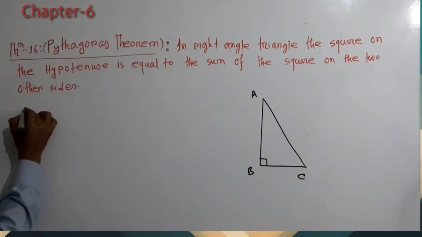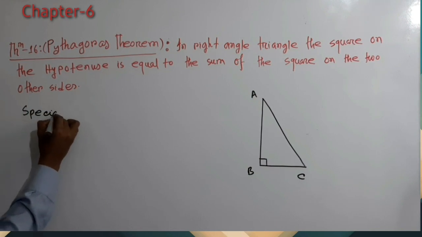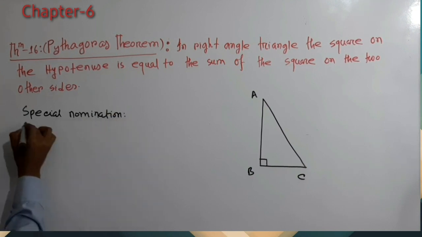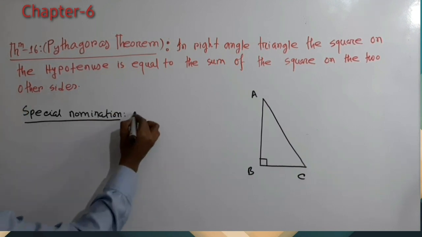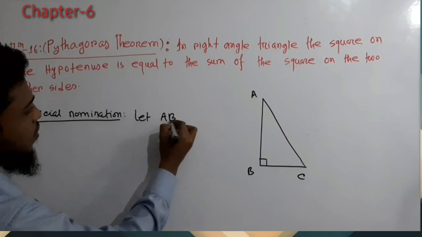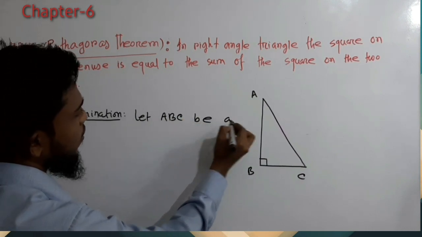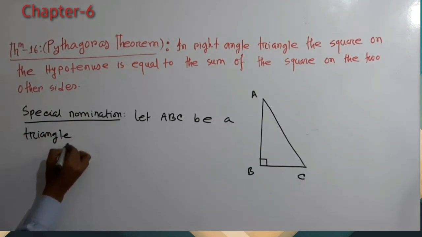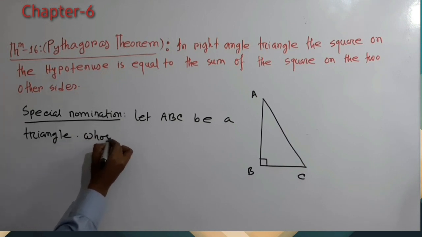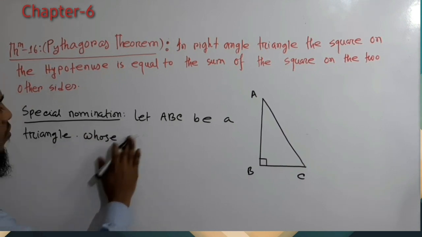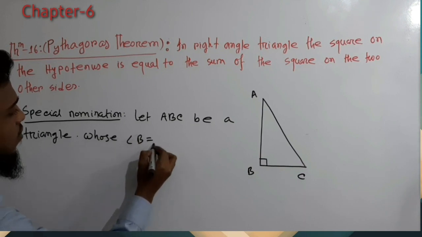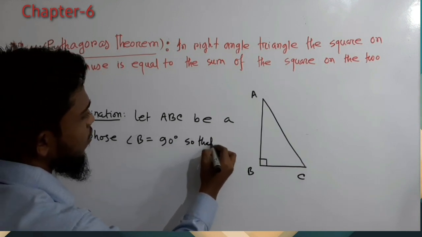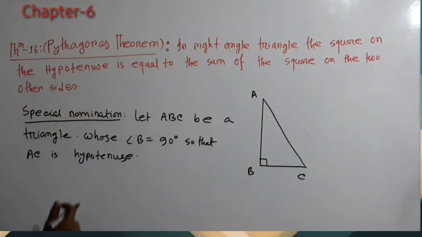Our special nomination: let ABC be a triangle whose angle B is equal to 90 degrees, so that AC is the hypotenuse.